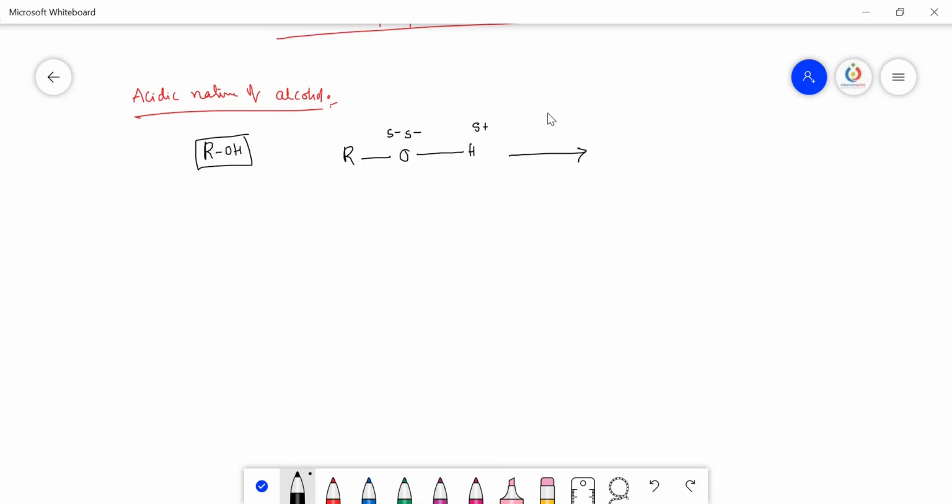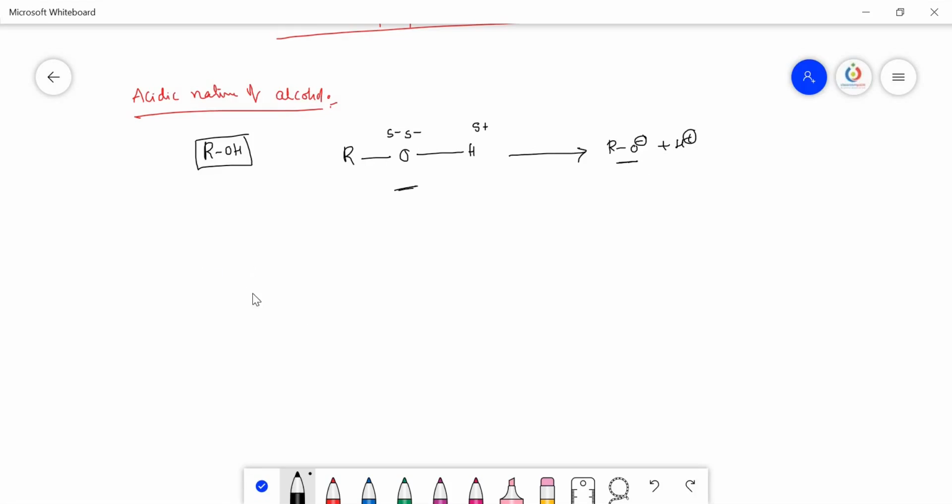So whenever any particular base is added to this alcohol, this oxygen is ready to pull the electrons towards its side and release the H plus ion. So that after the loss of H plus ion, it forms the alkoxide ion plus H plus ion. So the acidic nature of the alcohol depends on the stability of the alkoxide ion.